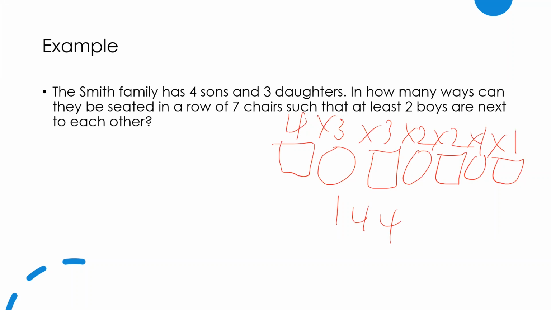Now we find the total number of possibilities that include what we do want to count and what we don't want to count. That would be 7 factorial, since these are the total number of ways we can randomly put kids into different spots. That's 7 times 6 times 5 times 4 times 3 times 2 times 1, which should be 5,040.